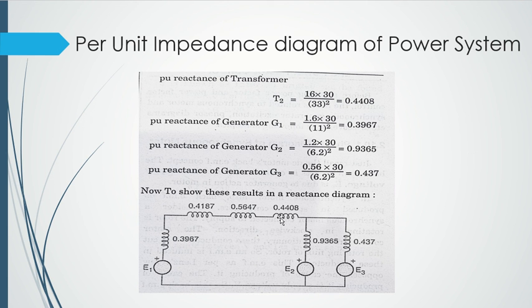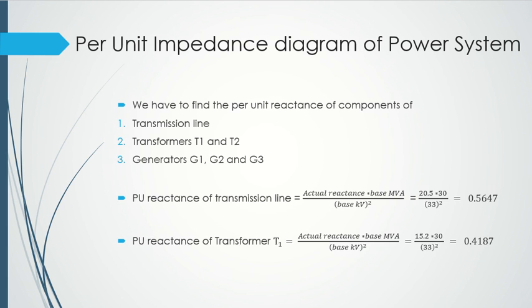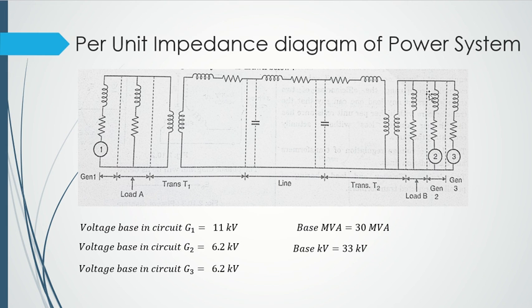Then what did we have? We had two generators connected in parallel, generator G2 and generator G3. So again we will put generators G2 and G3. Remember, in the reactance diagram we represent generators as voltage sources, right?